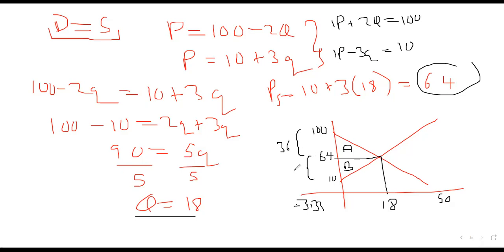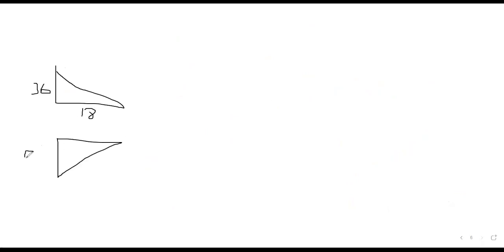Distance from here to here is what? 54. Distance for the base here to here is what? 18. So if we look at these two triangles, it's 36 against 18, and there's 54 against what? 18.